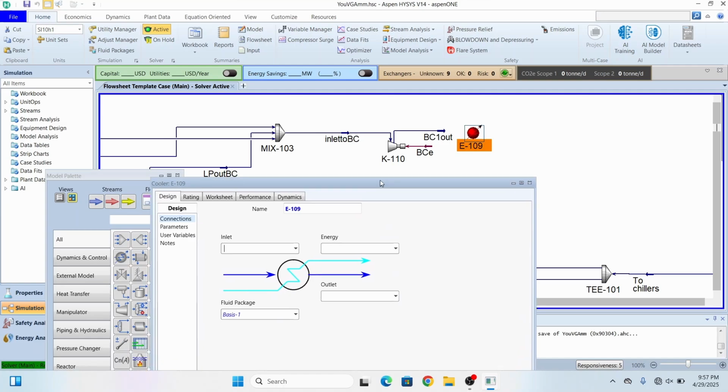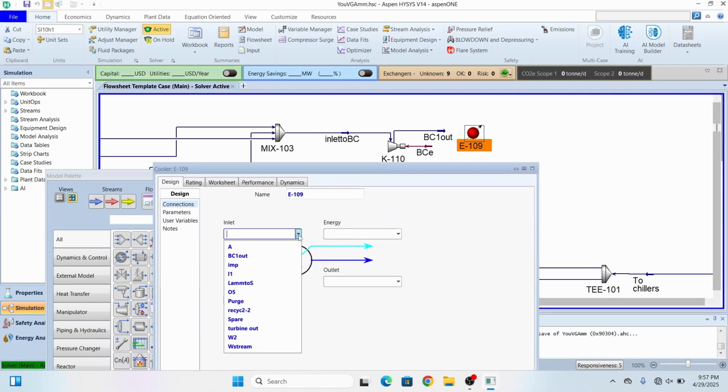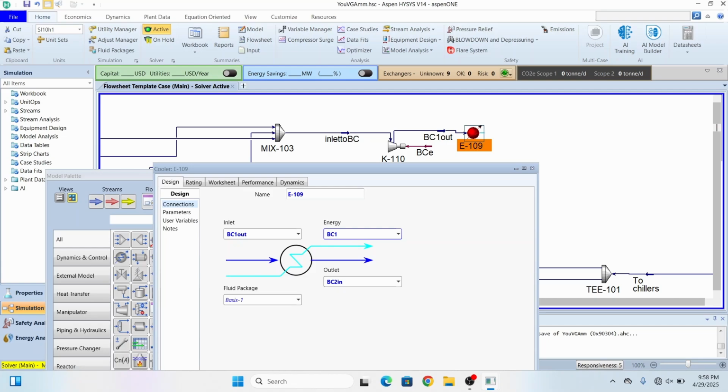So I can decrease the temperature to 45 degrees. Here you can write BC1 out, and here BC2 in, and for the energy, booster compressor 1 intercooler heat. That is good.